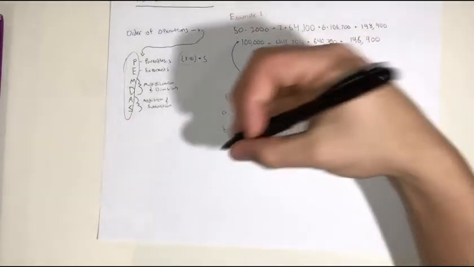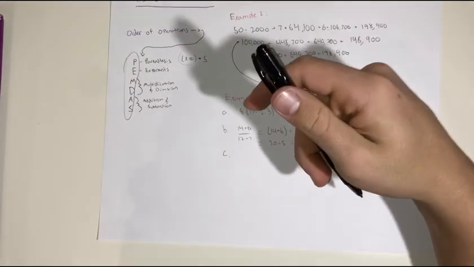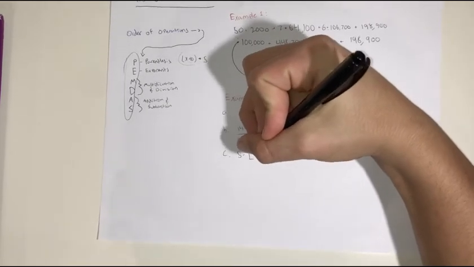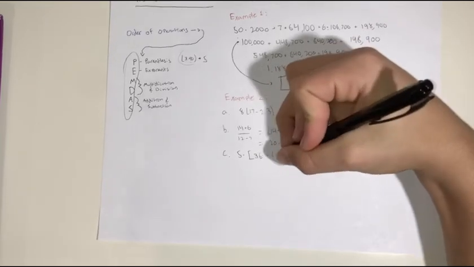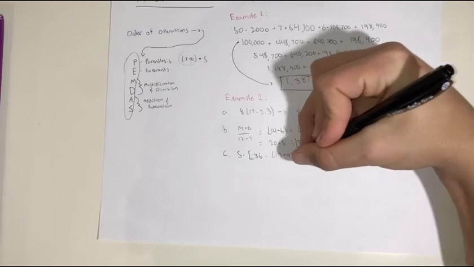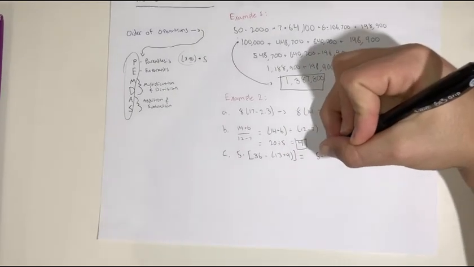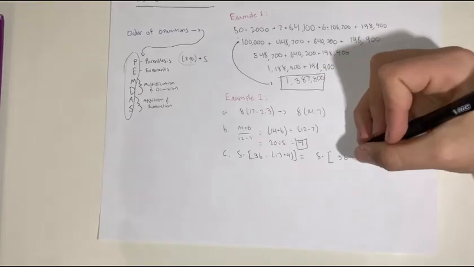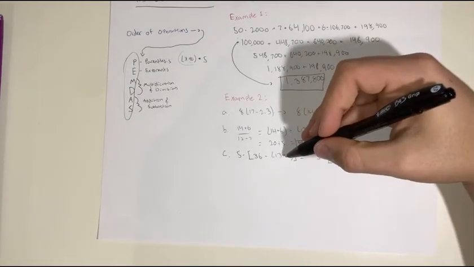And let's say you had something more complicated. Let's say you had 5 times 36 minus 13 plus 9, and all of this would equal 5 times 36 minus 22, which is what was inside this parentheses.